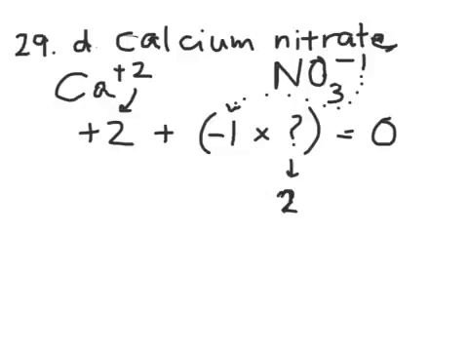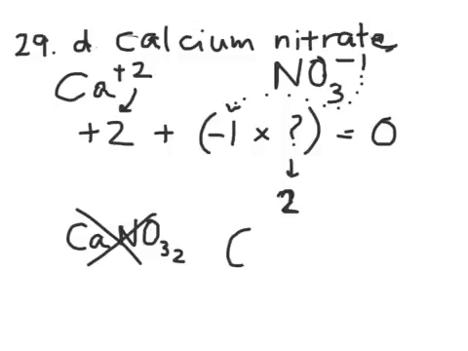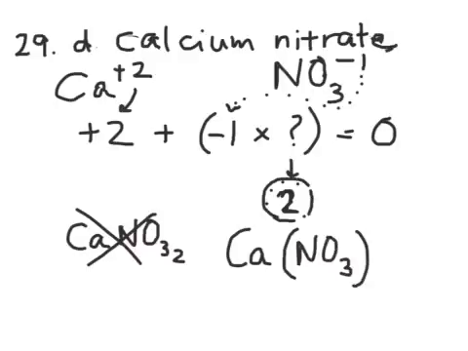Because positive 2 and -1 times 2 would be -2. Positive 2 and -2 equal 0. So, now, look at what happens if I just put a 2 here. It makes the chemist think that it's 32 oxygens. So make sure that if you need 2 nitrates, which is what this 2 is telling us, that you put the subscript there.